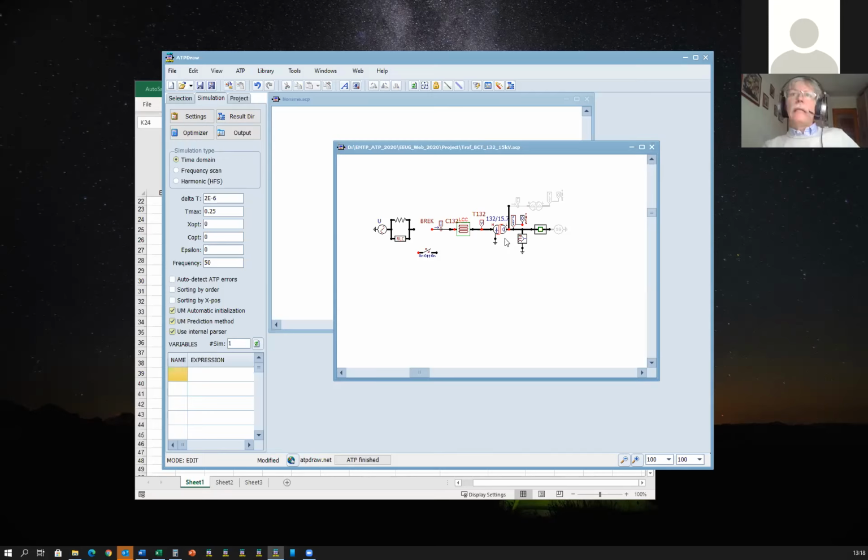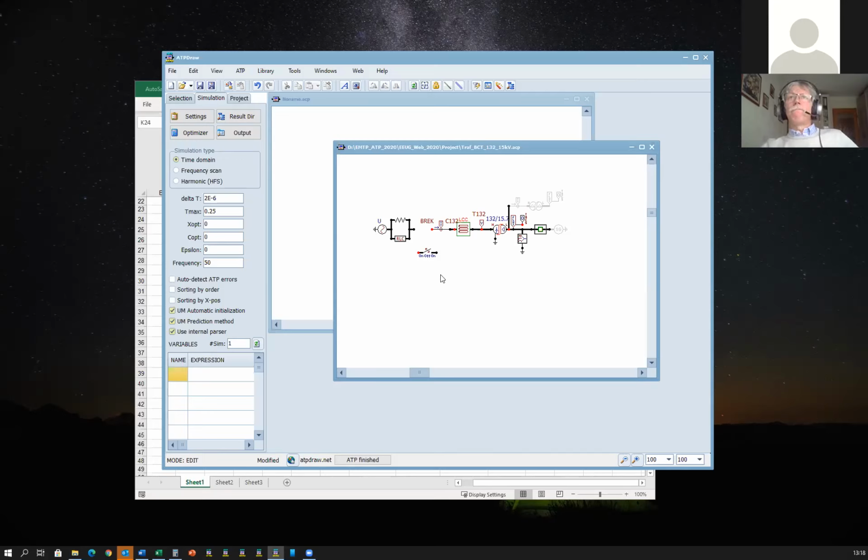So the user doesn't need to do that recalculation by himself or herself in advance. You can use directly the manufacturer data, and this recalculation is made by ATPDraw internally. And I think it is also made in hybrid transformer modeling, because the BC-TRAN inductance matrix is the same.